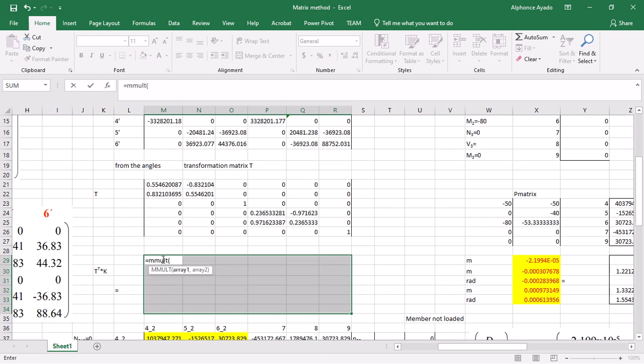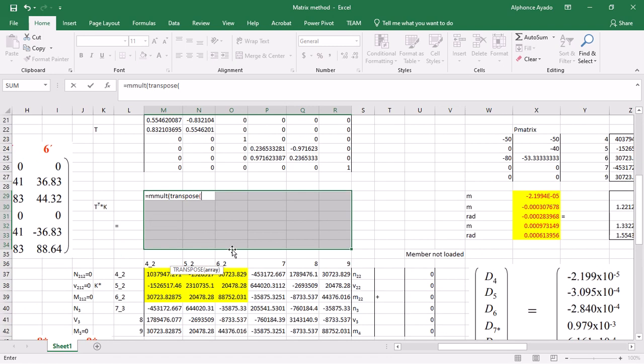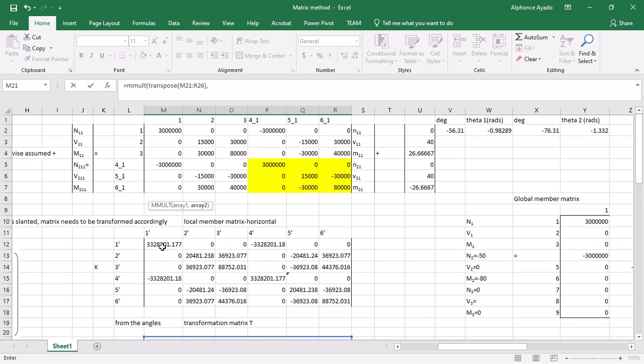then transpose. So transpose of, then you highlight the matrix whose transpose you require, and then comma, the second matrix you want to apply, which is the K. So highlight that.